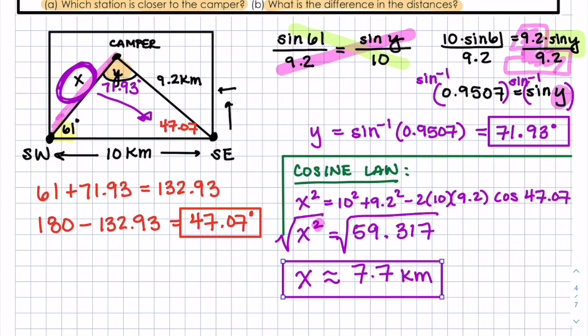So that means that the first camp, the southwest camp, is about 7.7 kilometers from the camper.